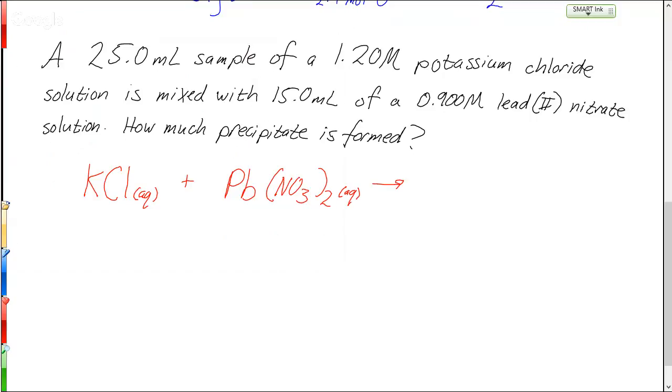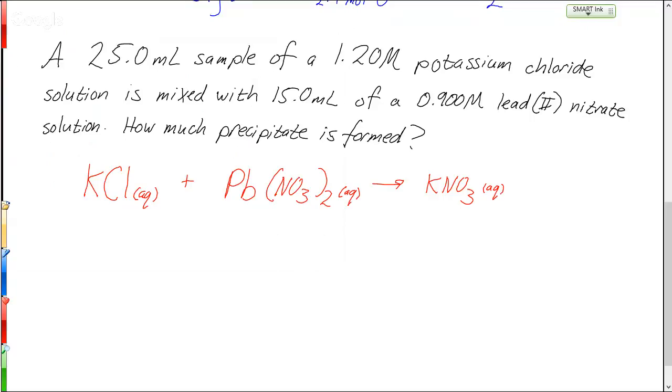Okay, and it hasn't said anything about the products, so we have to figure that out. What products are going to be formed here? Potassium nitrate will be one because the K goes with the NO3. And is that going to be aqueous or precipitate? Yeah, that's going to be aqueous.